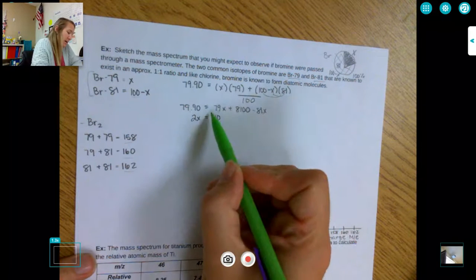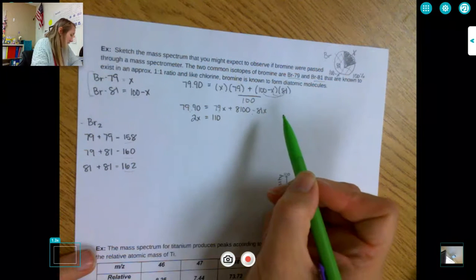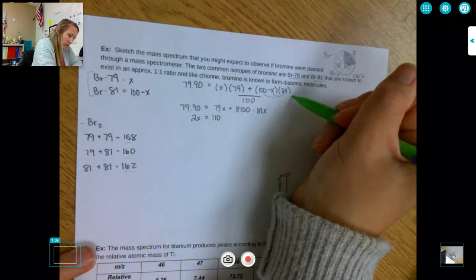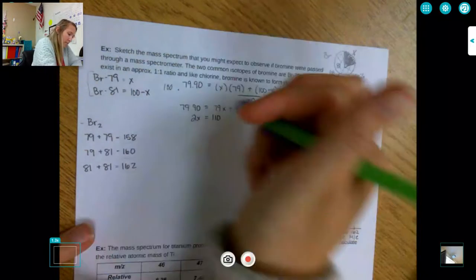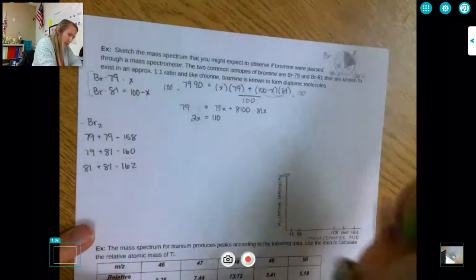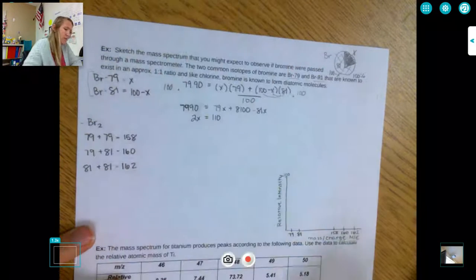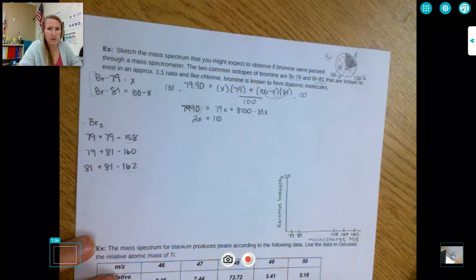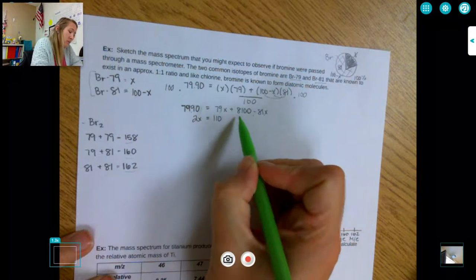Subtract 79.9 from both sides. And, oh, sorry, this will divide by 100. So I multiplied this side by 100 and this side by 100. My apologies, skipped a step. So I turned that into 7,990 because I had to get rid of this guy.